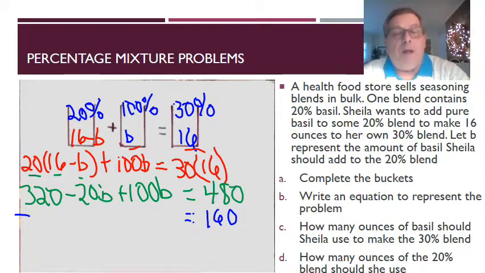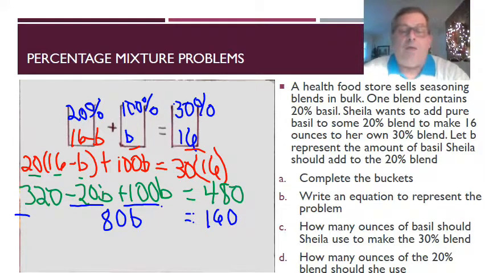And I'm going to combine my like terms here. I got minus, don't forget the minus out here, minus 20B or negative 20B plus 100B. Well, that's going to give me 80B. Now, I'm going to divide both sides by 80. So it's going to cancel over here. This is going to cancel.